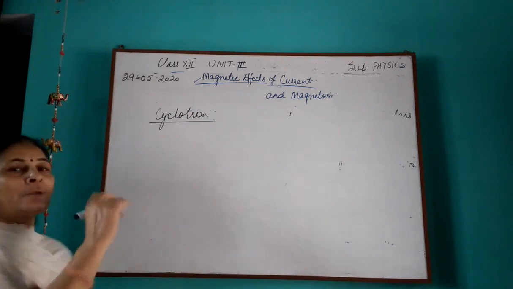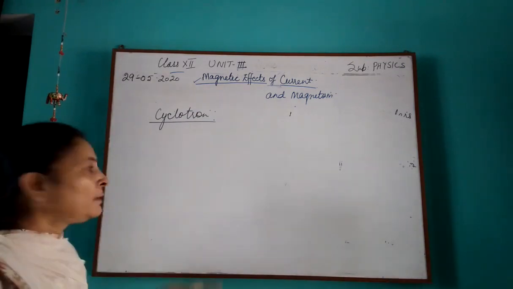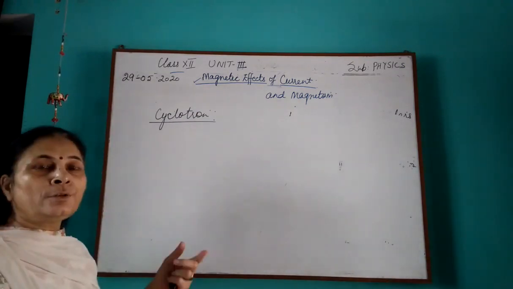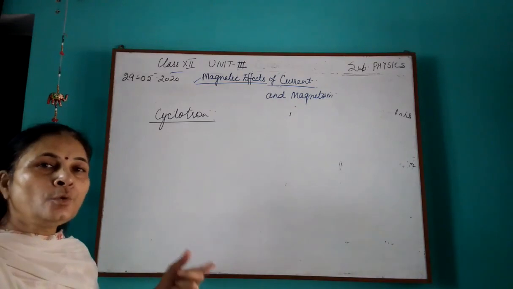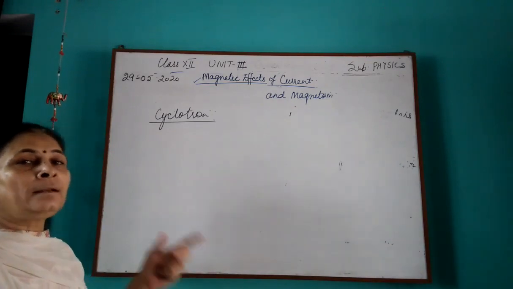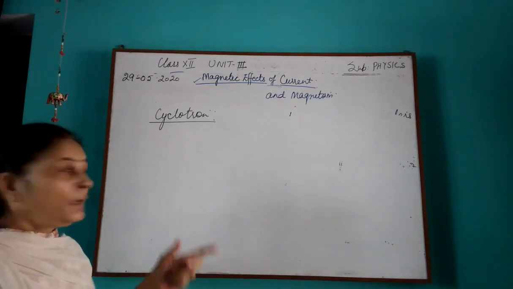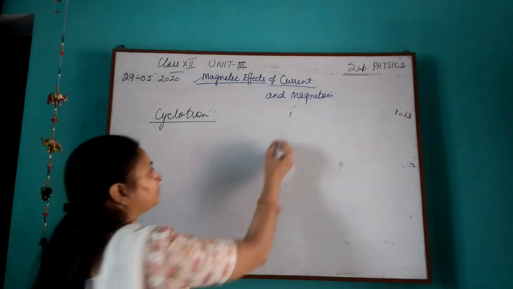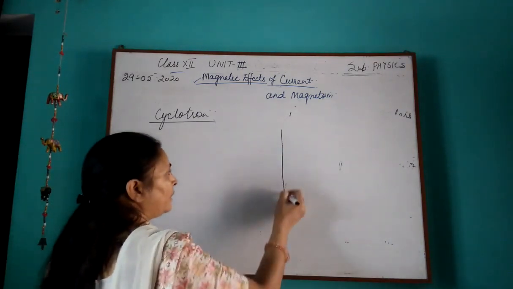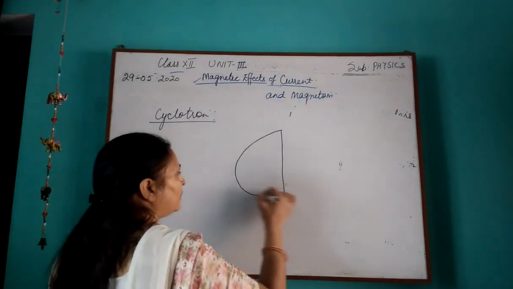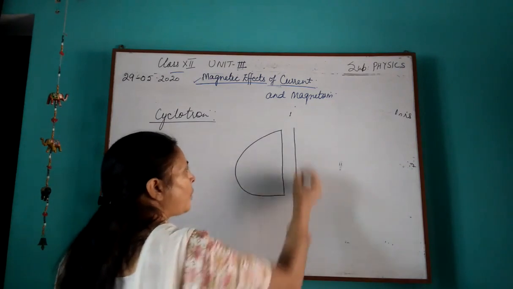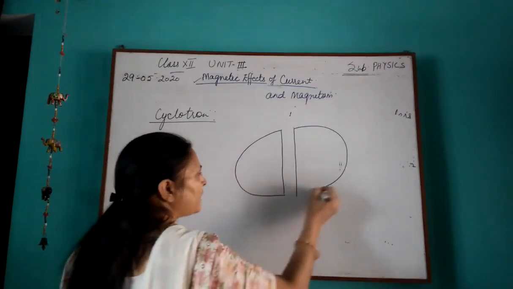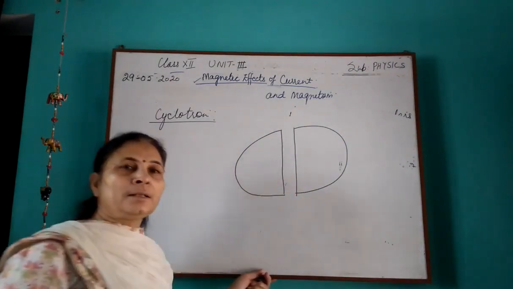Now, what actually is a cyclotron? In a cyclotron, the effect of circular motion due to magnetic field is used for accelerating a particle. The construction is such that we'll have 2 Ds, hollow semicircular Ds.